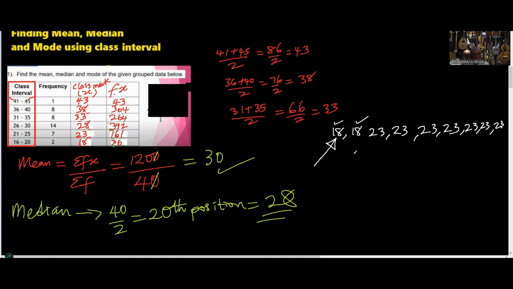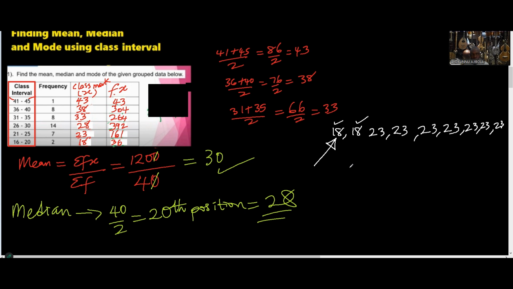Good. So we're trying to find which number will fall in the 20th position. Will it be 18? No. Will it be 23? No. Now you answer me. Which number do you think should fall in the 20th position? Check the table.